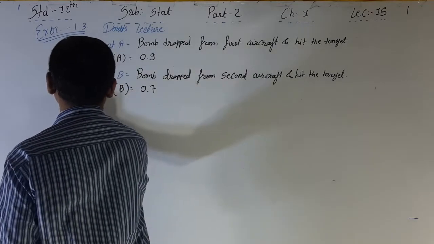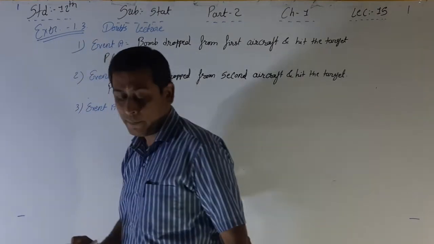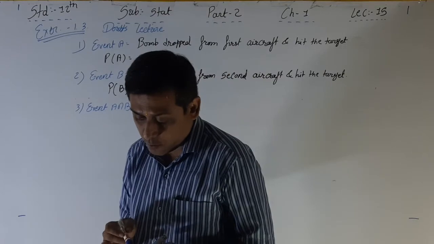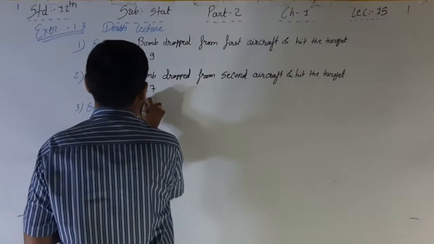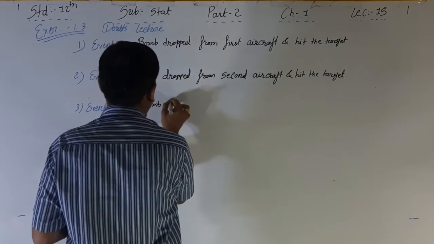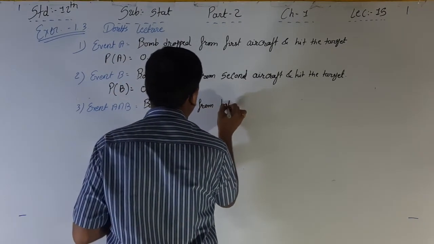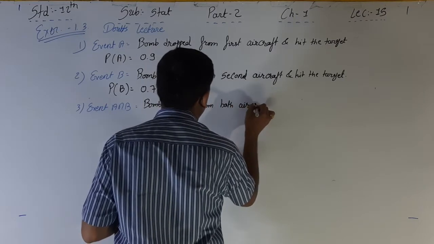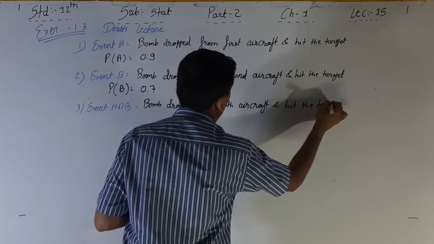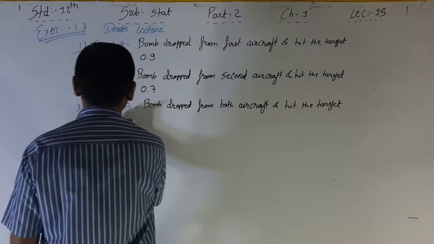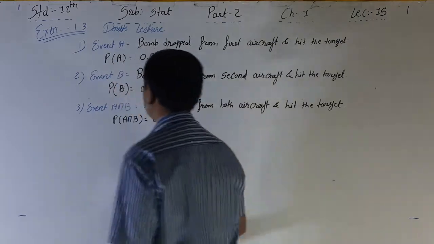Third, event A intersection B. What is that? See here, the one bomb drop from both the aircraft hitting the target. That is P of A intersection B is equal to 0.63.